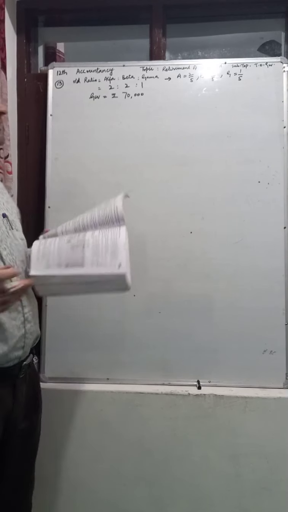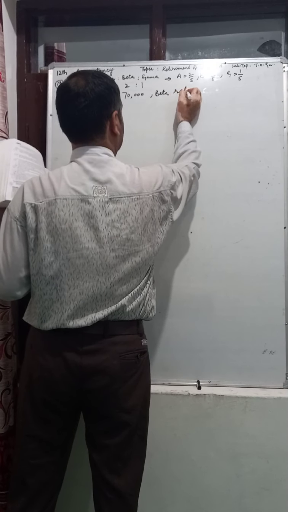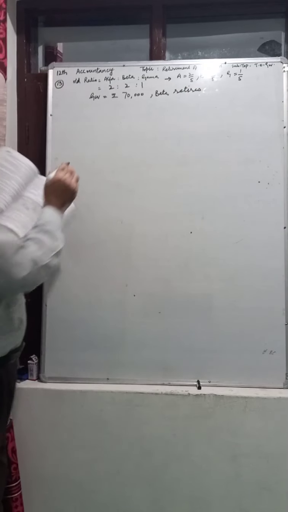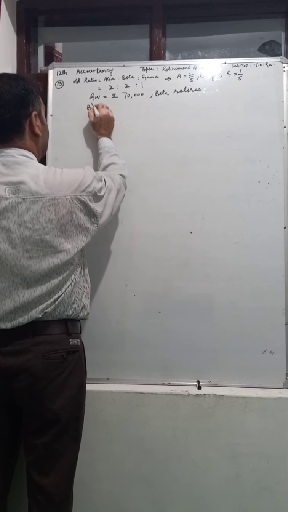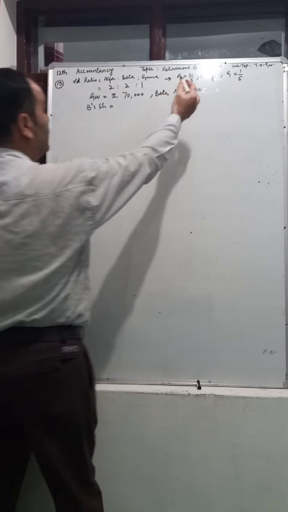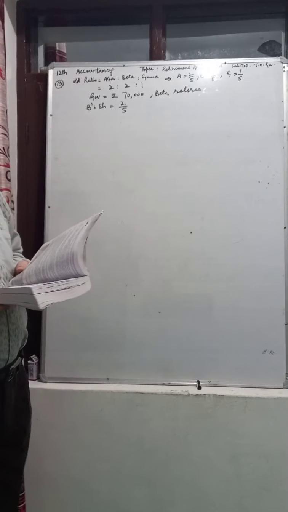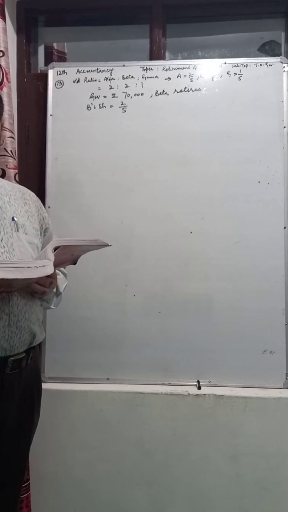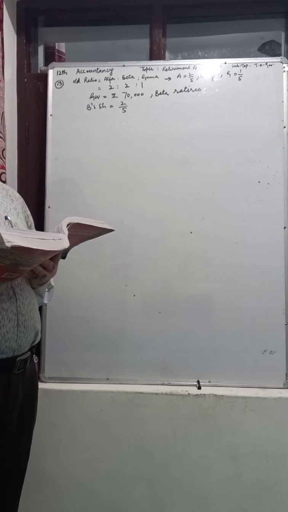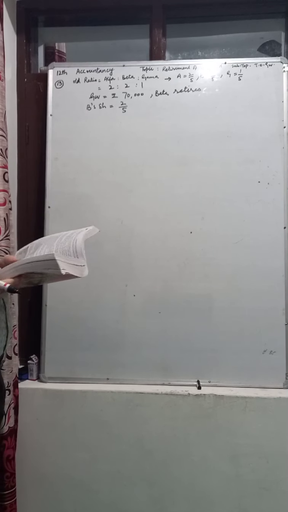Beta retires, and Beta's share is equal to 2 by 5. That is, the old ratio of Beta is 2 by 5. Now Beta gets retired. Here the question adds that there is no account for it in the books on this date.